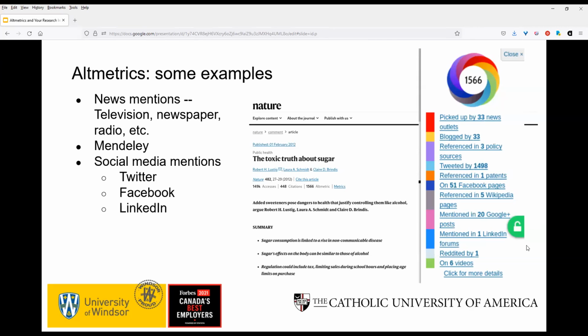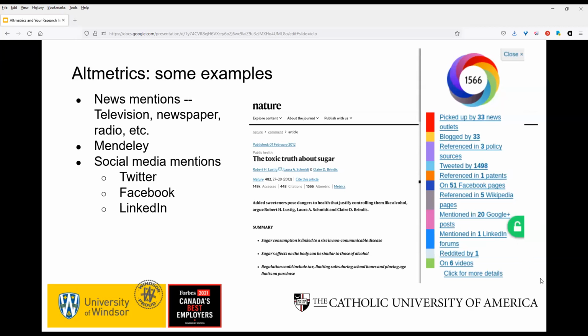It got lots of tweets. It was mentioned in a patent, got Facebook and LinkedIn mentions. It's even on Wikipedia. So you get a sense here of all of the sources that the product Altmetric is using to calculate a numeric number for any kind of piece of media.